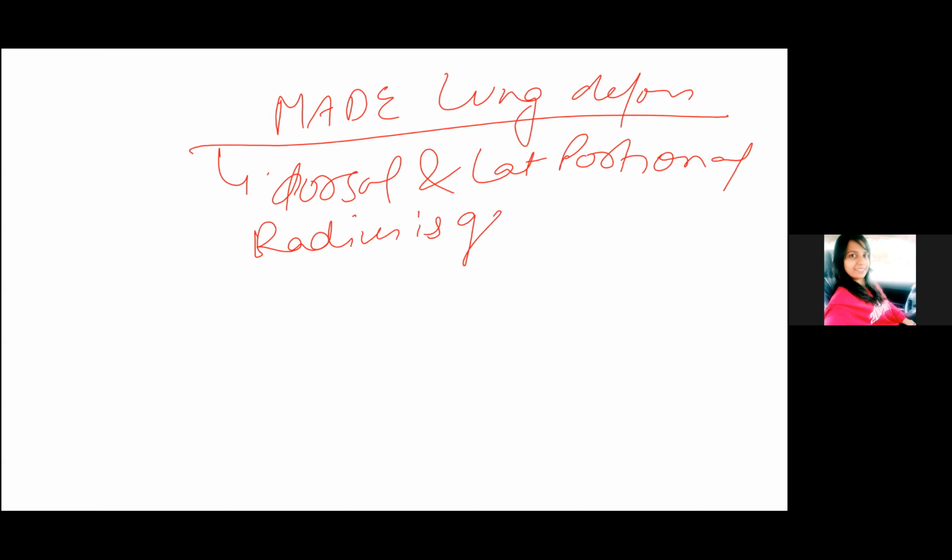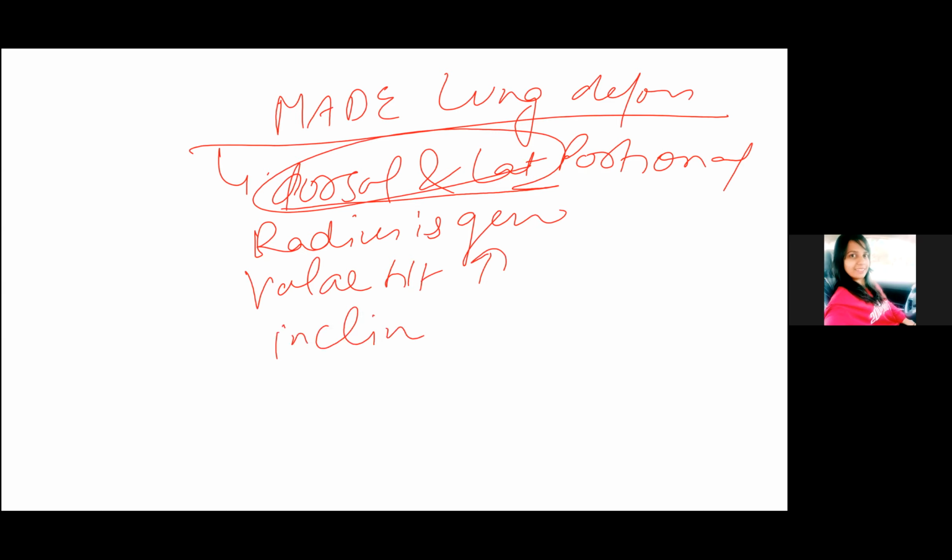So if only the dorsal and lateral portion is growing, volar tilt will increase, inclination will increase. The medial and volar portion is not growing, so it becomes like that.